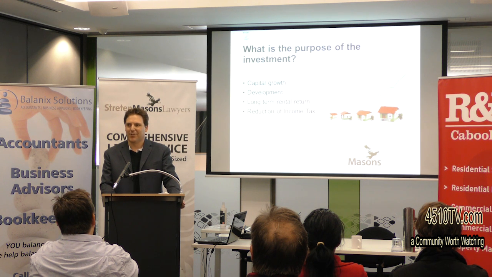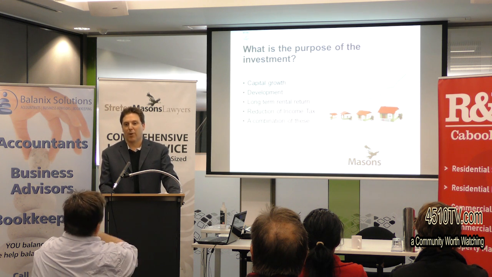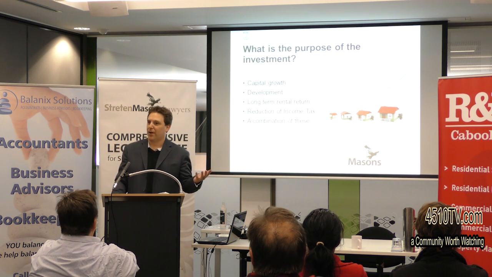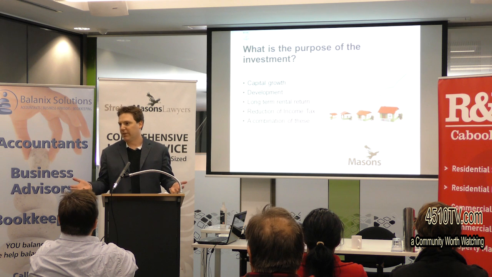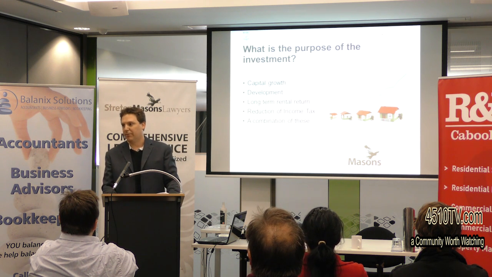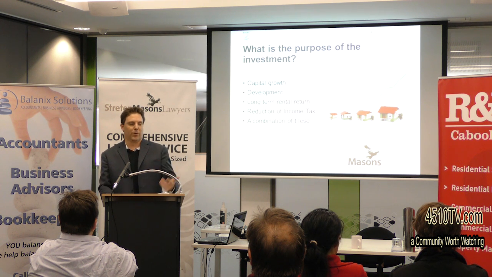People have different views on whether or not you should buy properties to reduce your income tax, but that is one option that you can do. And fifth is a combination of these. So you might buy property for capital growth, and in the meantime get rental income to have it pay for itself over the long period. So you need to have a think about what you're trying to achieve, and that's something that Roland will talk about. What you're trying to achieve, so that you know the kind of property that you want to buy.